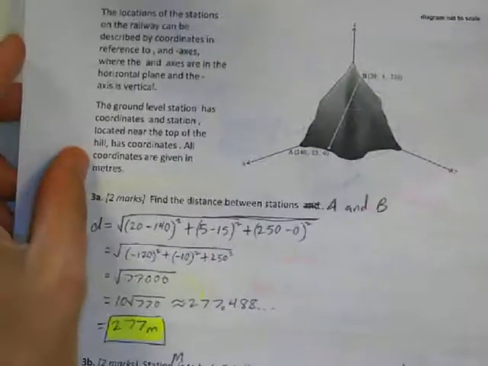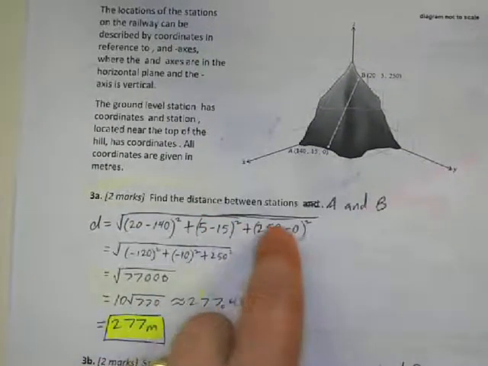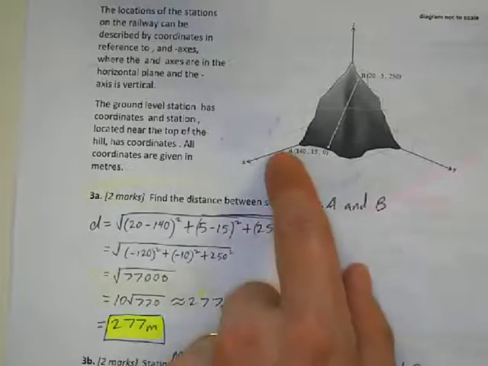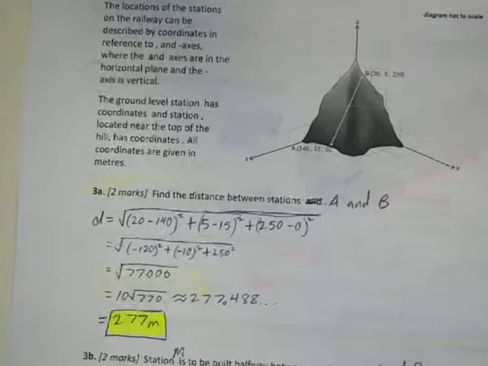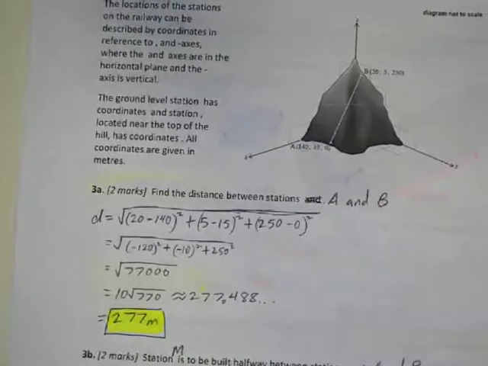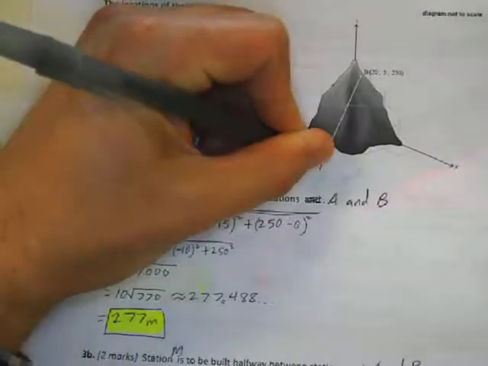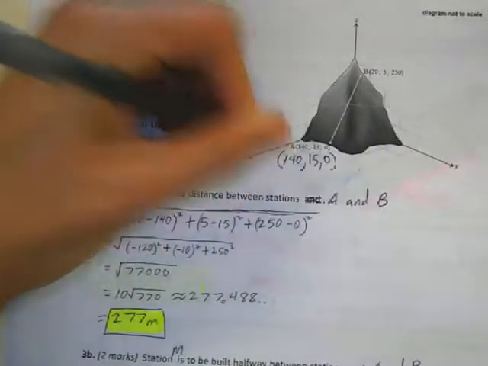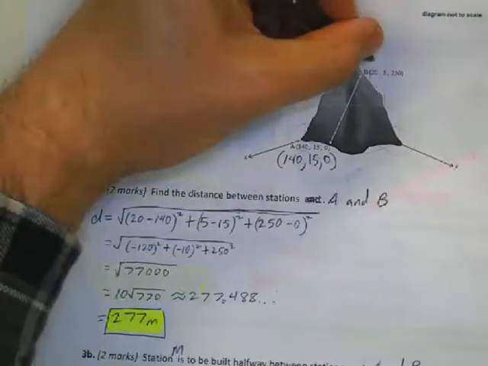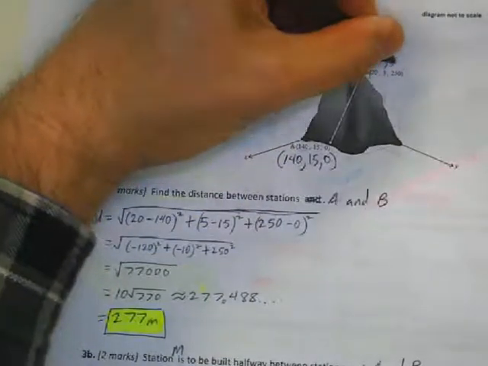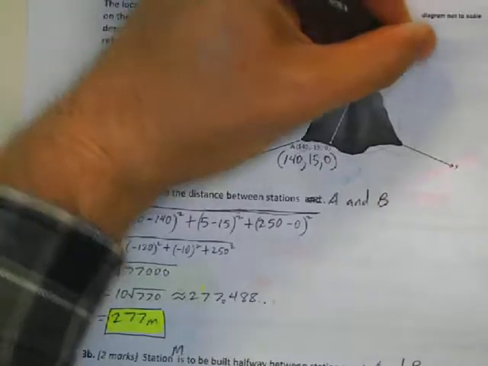Okay, so we need to find the distance between point A and point B, and the coordinates here for A are 140, 15, 0, and the coordinates for point B are 20, 5, 250.